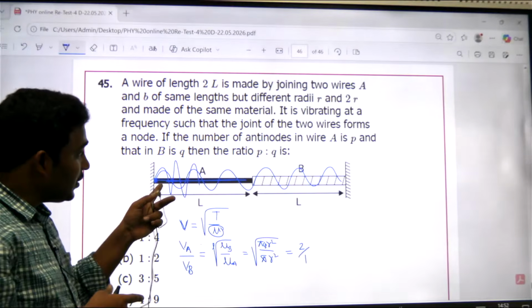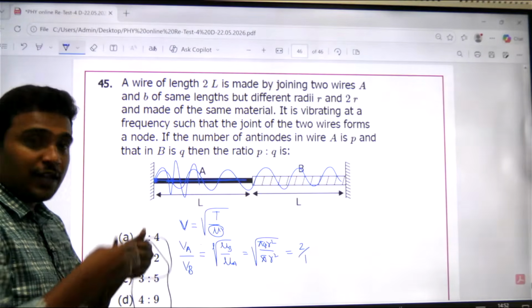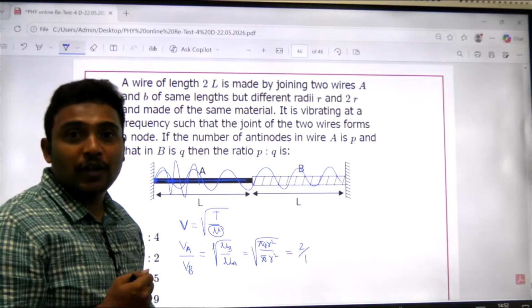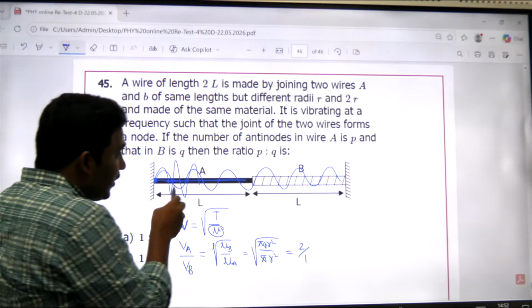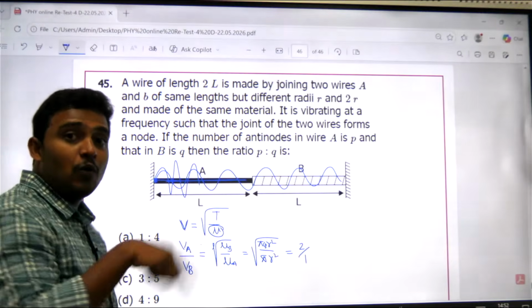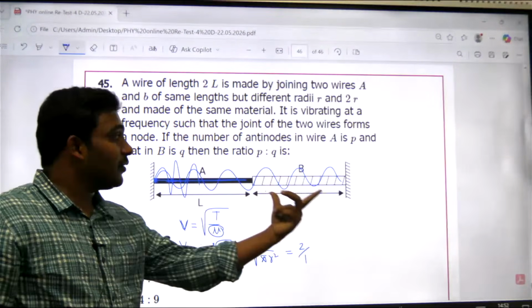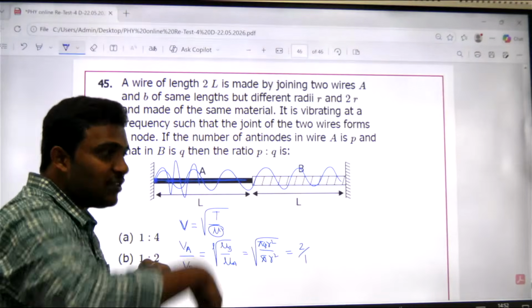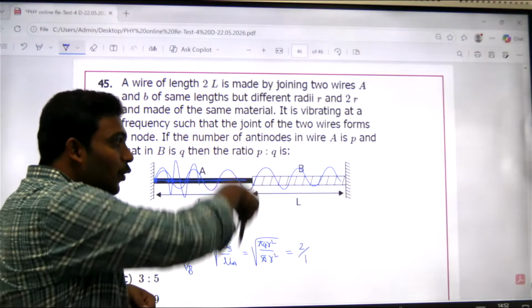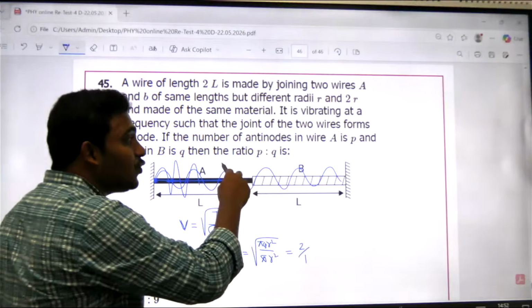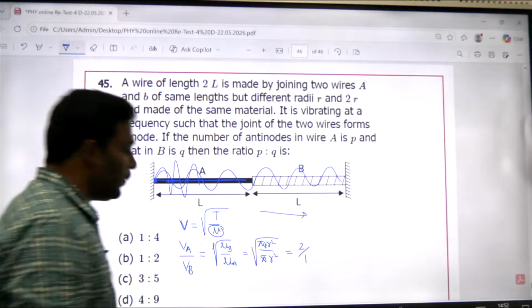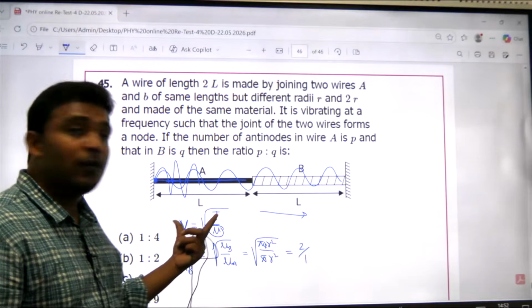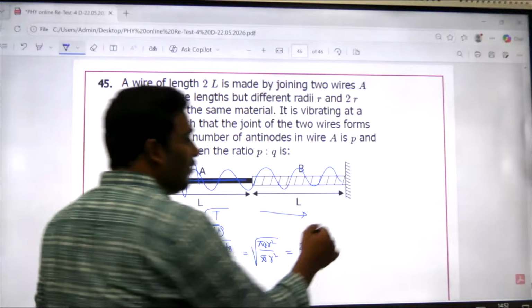But the wave velocity is much greater in A and much smaller in B. So can I simply say that the number of nodes formed will be more where the velocity is smaller, because it is not traveling forward, but the frequency is the same. It is moving up and down with the same frequency, but it is not moving faster in B. So the number of nodes formed in B will be more, and the number of nodes formed in A will be smaller.